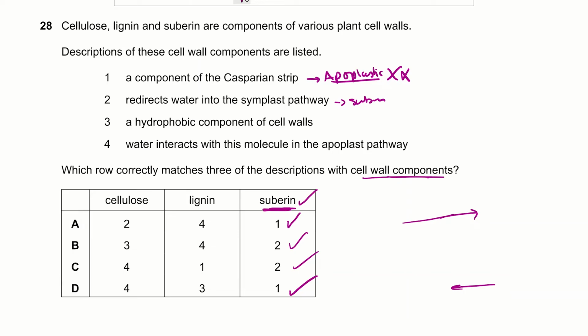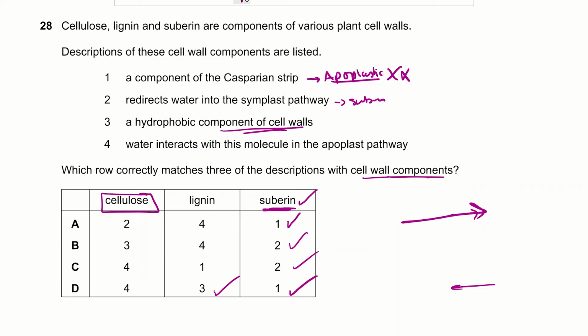Now 3, a hydrophobic component of cell walls. So a hydrophobic component does not allow water to pass through. Could also be lignin. Therefore, 3 must be lignin because cellulose is actually hydrophilic and allows water to pass through, as we said in the apoplastic pathway as an example.